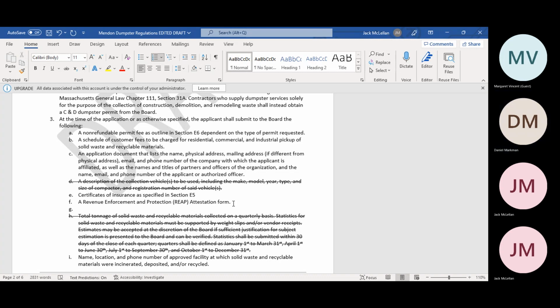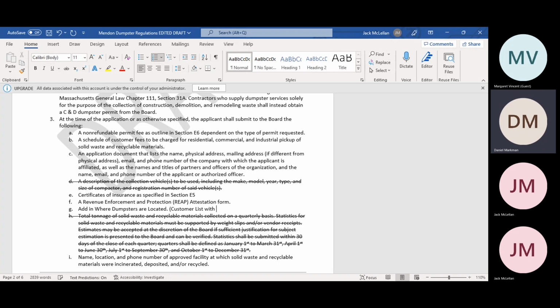And the reason for this is we've had instances in other towns where the dumpster company would discontinue service in a certain location and then continue renewing their trash hauler permit year by year, and nobody notifies us until the dumpster overflows much later.